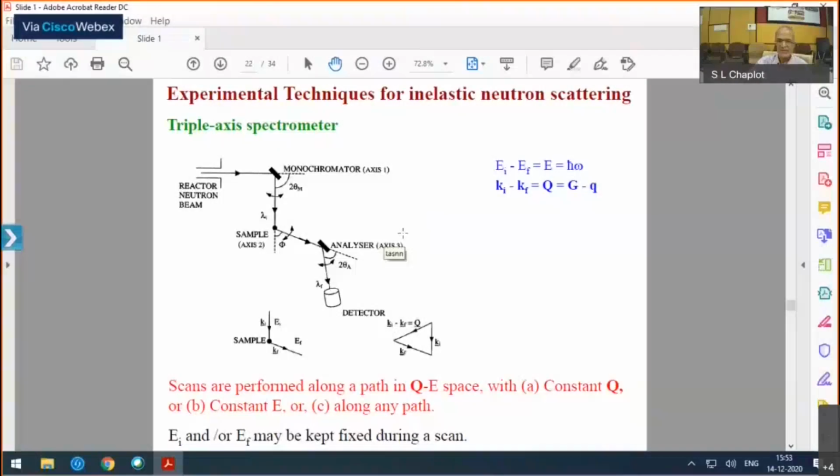But anyway, today we have spent so much time discussing practical aspects of phonon measurements. Of course, one does all the calculations beforehand to get the best conditions for measurements.